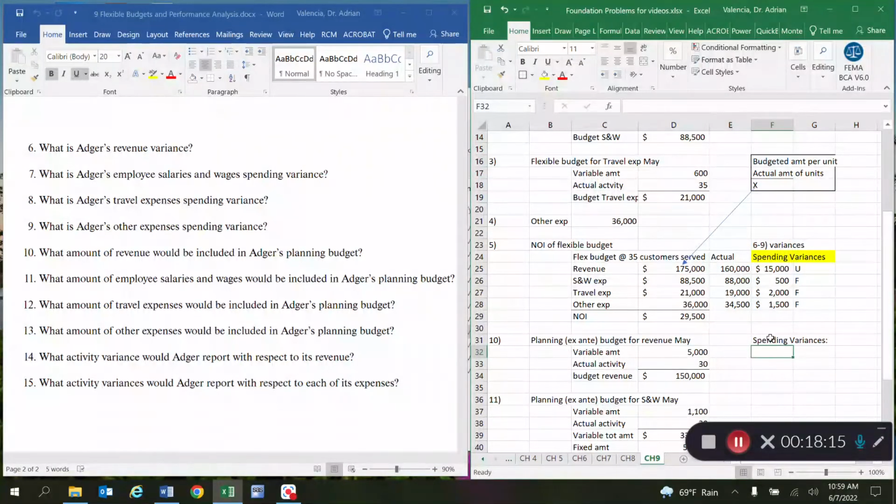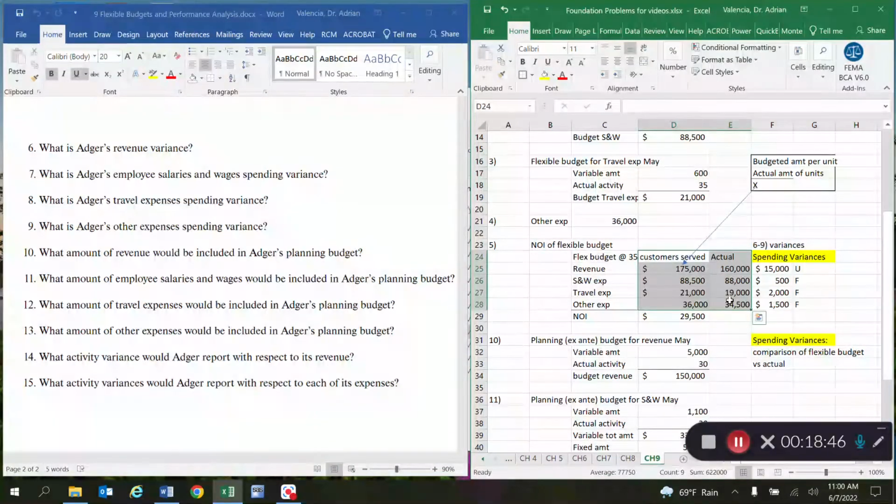These are based on the comparison of flexible budgeted amounts versus actual. So since we are looking at the same sales level or activity level, we're looking at a budget based on actual results or actual units, let's say, but it's still a budget.